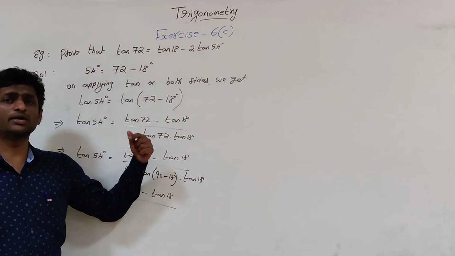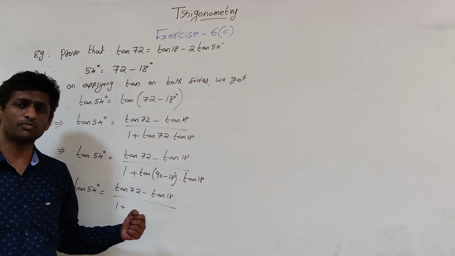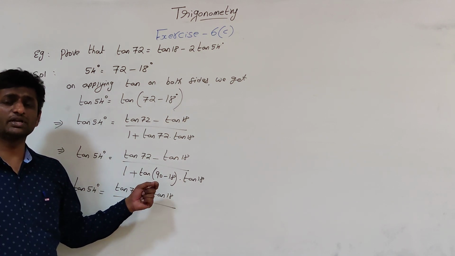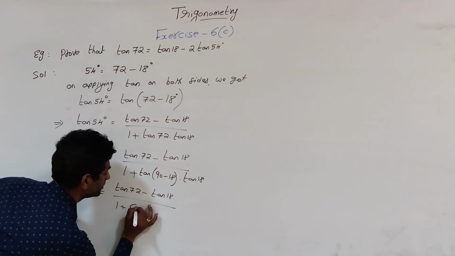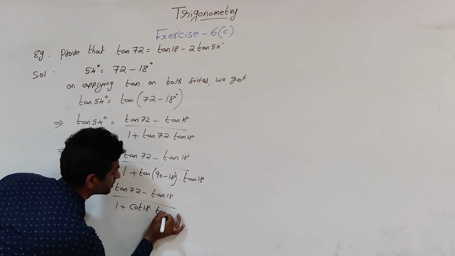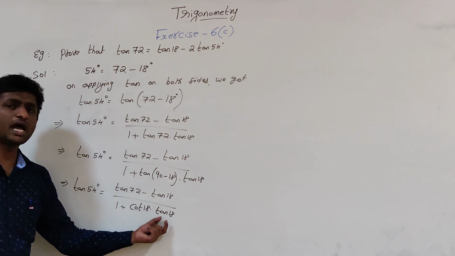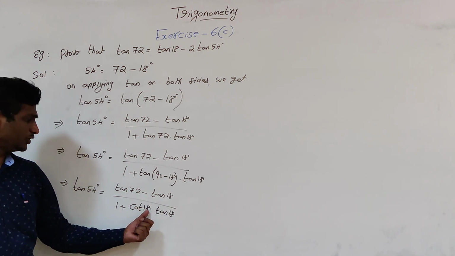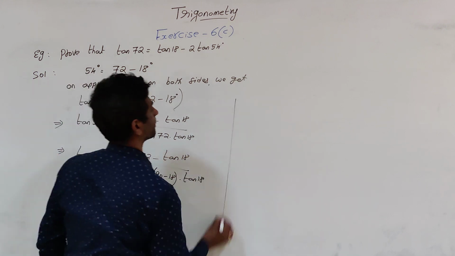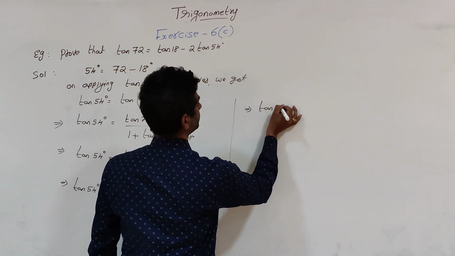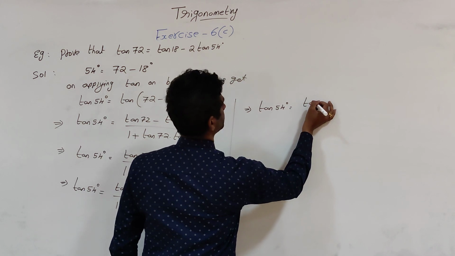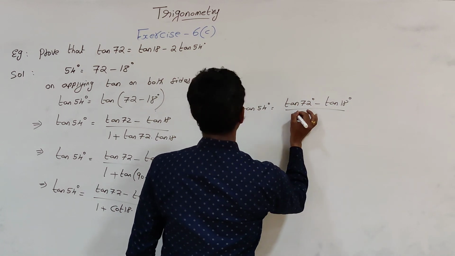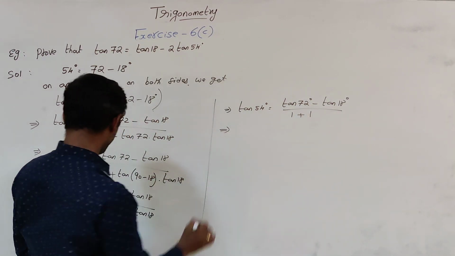In the first quadrant all trigonometric ratios are positive, so tan will also be positive. And it is an odd multiple of 90, so the trigonometric ratio changes. So it goes to cot 18 into tan 18. Cot and tan are reciprocals of each other, so cot 18 into tan 18 is 1. So tan 54 degrees is equal to tan 72 degrees minus tan 18 by 1 plus 1. So what we have is 2.